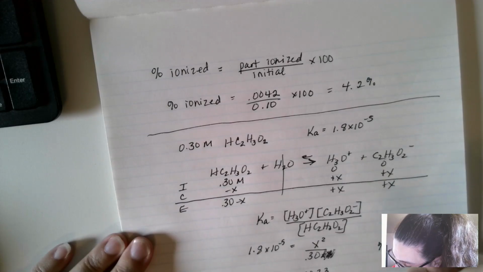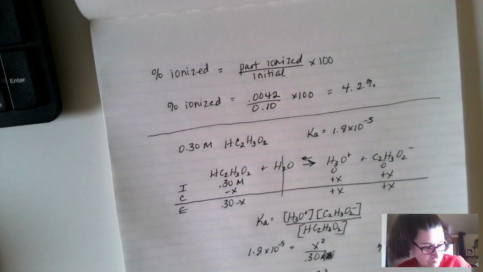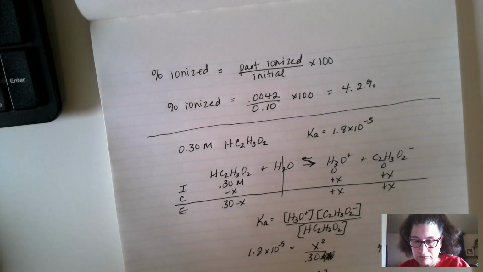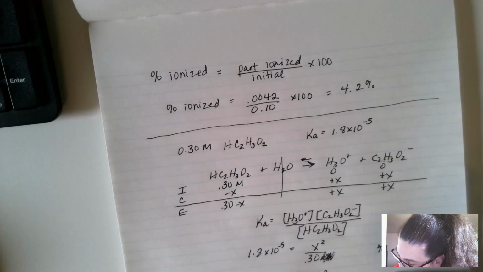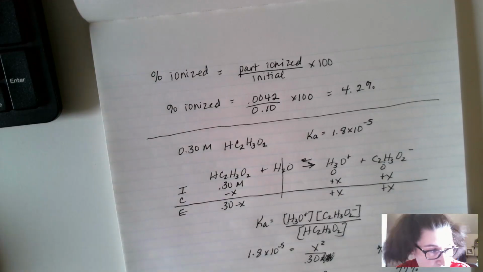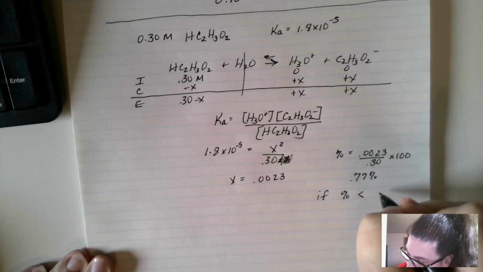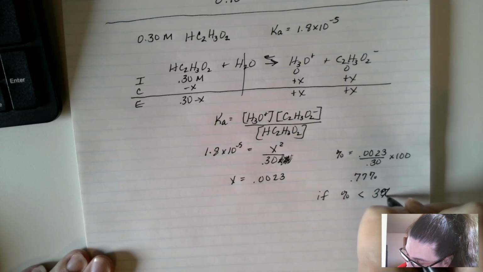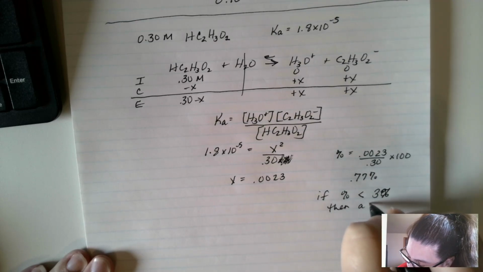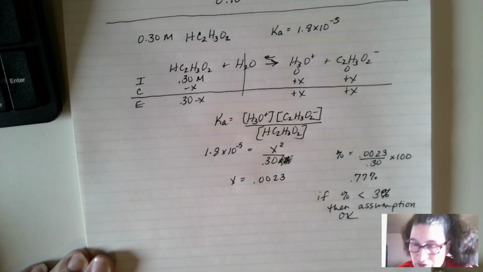So my percent ionized is 0.0023 over the initial, which was 0.3, times 100. And I get a percentage of 0.77%. And if percent is less than 3%, then the assumption is okay, which means you don't have to do the quadratic.